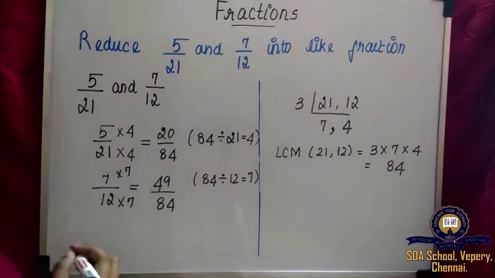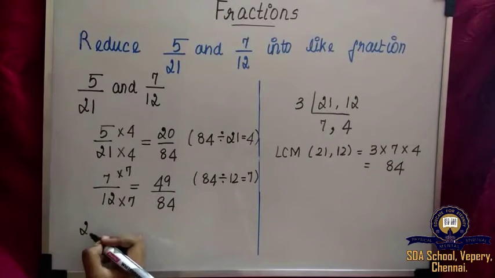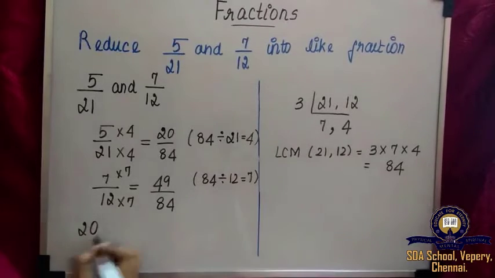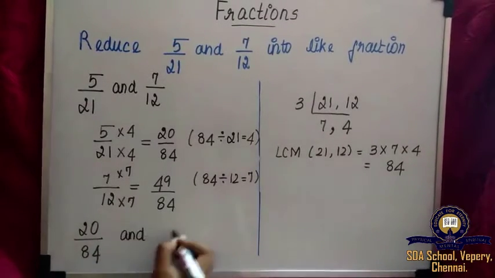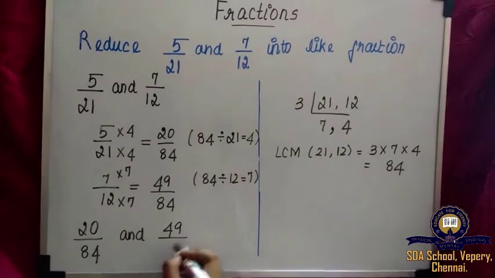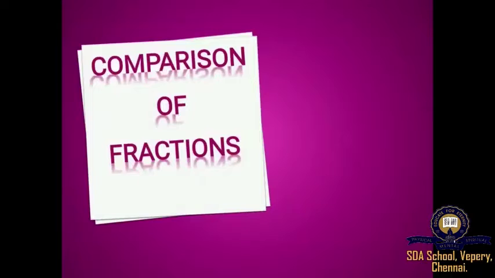So now we have found the like fractions of 5 by 21 and 7 by 12 to be 20 by 84 and 49 by 84.